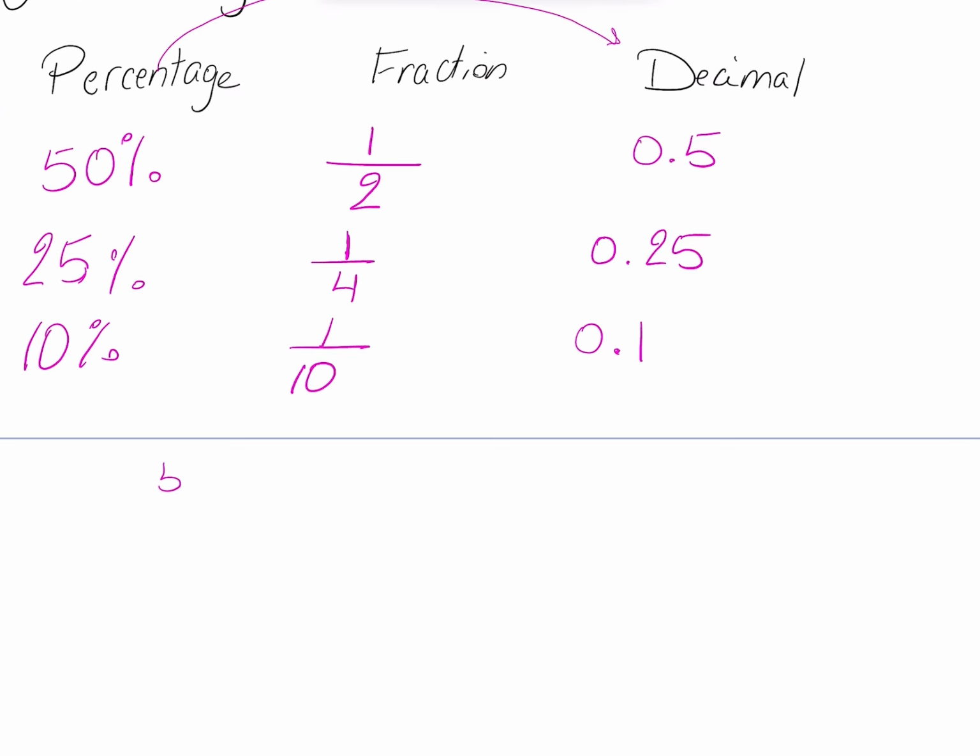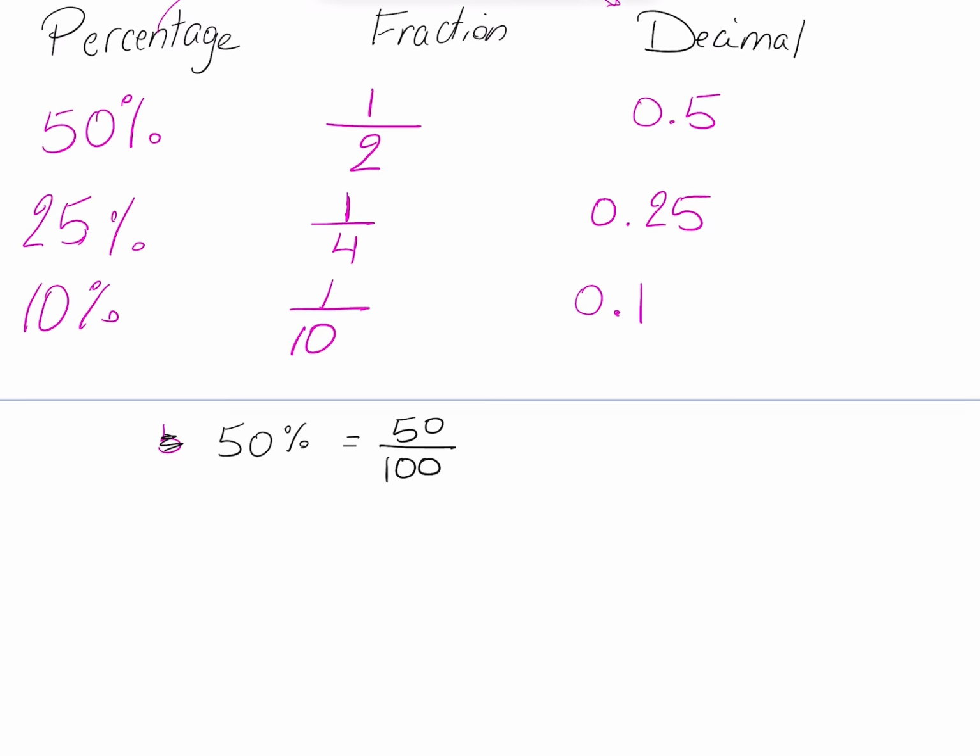Look here. I have 50%. It means 50 divided by 100, right? Because it is the number out of 100. That's what we said before. So the 0 will go away. So I have now 5 divided by 10. I divide 5 and 5. I have 1/2. That's how I converted it into a fraction.